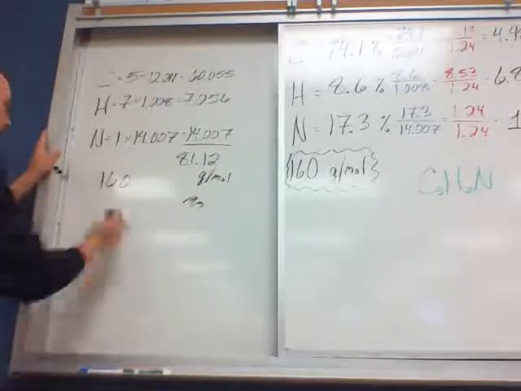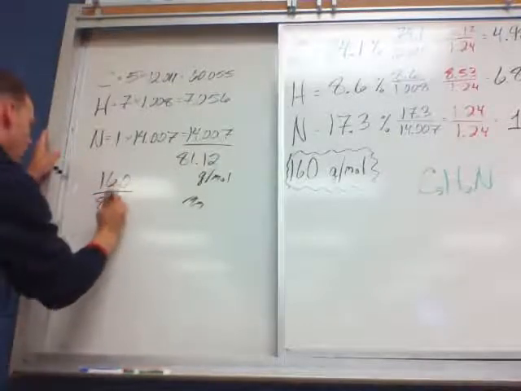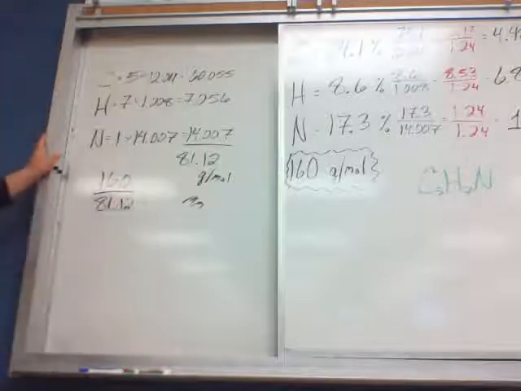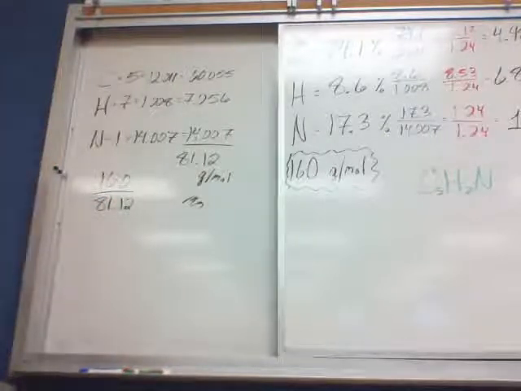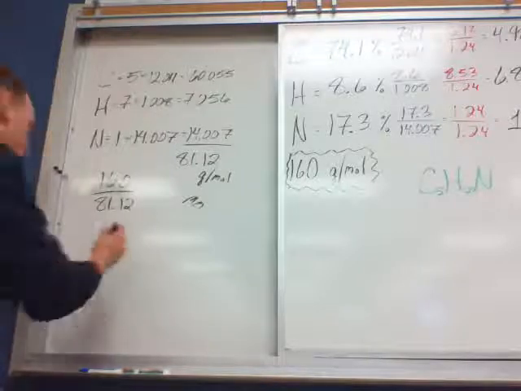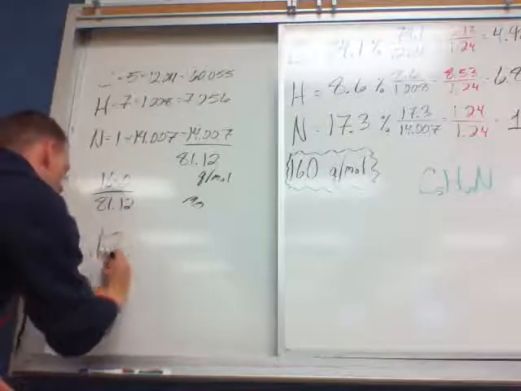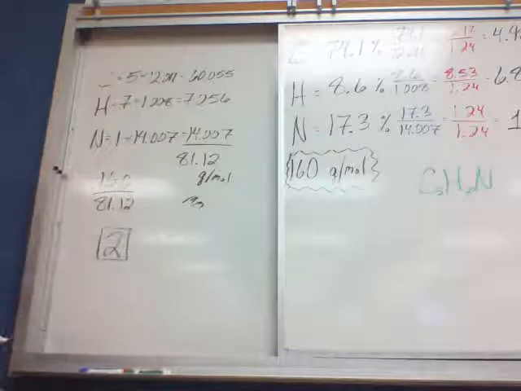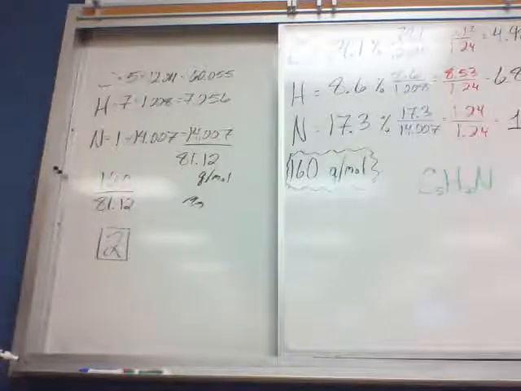It wants us to divide that by 81.12. And I get an answer of 2. Verify on your calculator that you get a basic answer of 2 for that. And then we can move to finally the last step of the process.